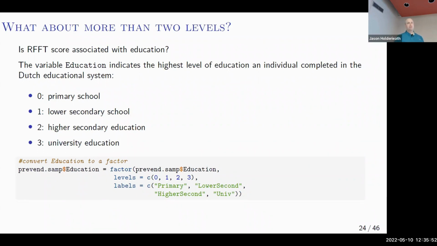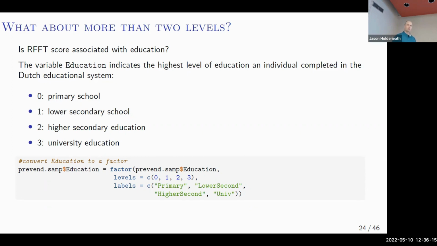And then here we have 0 for primary school, 1 for lower secondary, 2 for secondary higher education, and 3 for university education. So those will be our values. And if you're not careful, you can take the wrong direction on this.